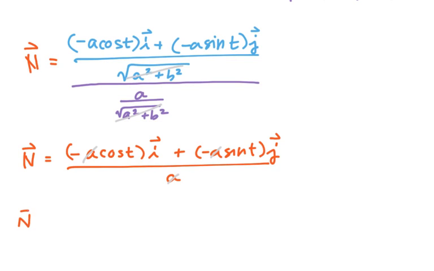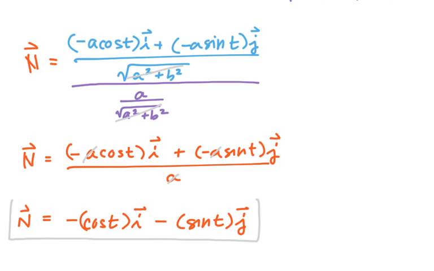And my principal unit normal vector is equal to negative cosine t i minus sine t j. So here we have the calculation for our principal unit normal vector.